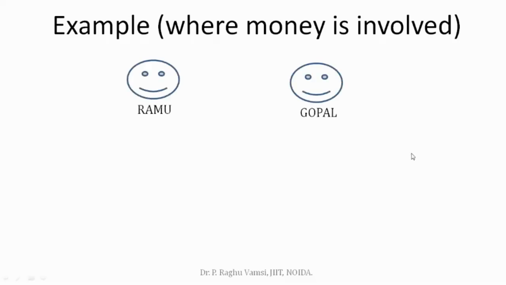First, there are two people, Ramu and Gopal. Ramu is providing ₹1,000 to Gopal. Ramu and Gopal are both business people, and they have a business network in which they do some financial transactions or operations, maybe like chits or this kind of thing.